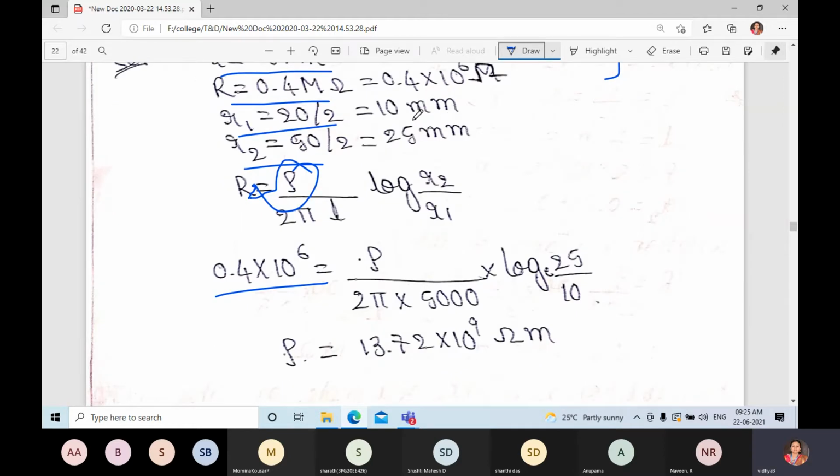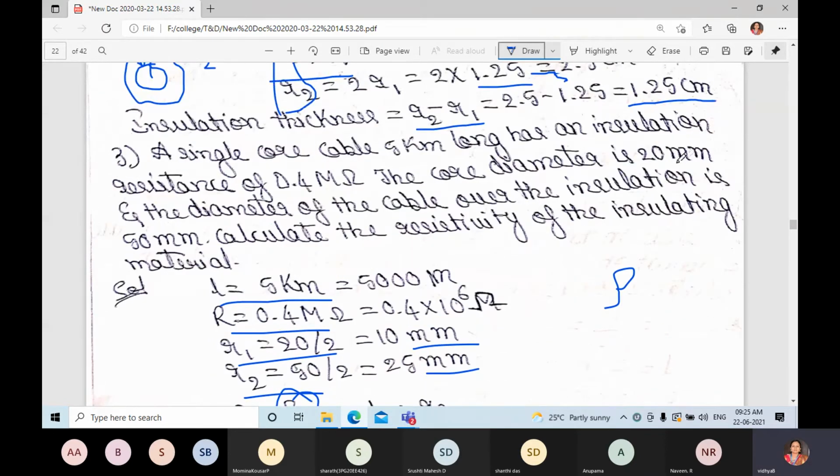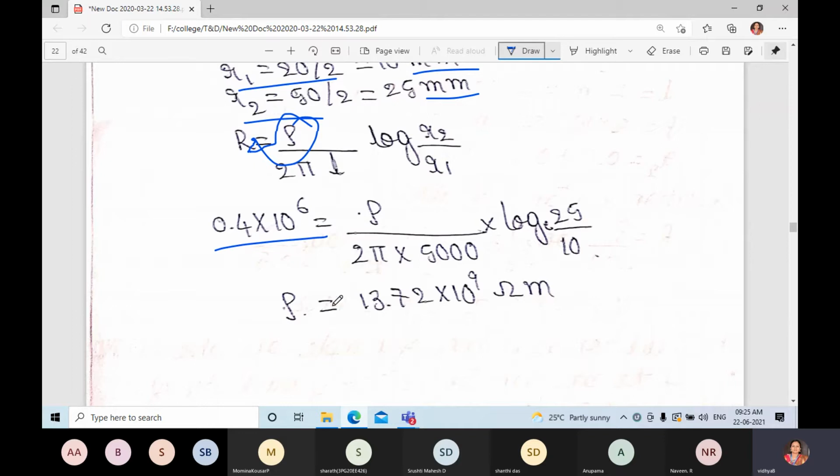Converted into millimeter here, because they have given in terms of millimeter only. Okay. So rho is equal to: 0.4 into 10 to the power of 6 into 2 pi into 5000, divided by log e of 25 divided by 10.